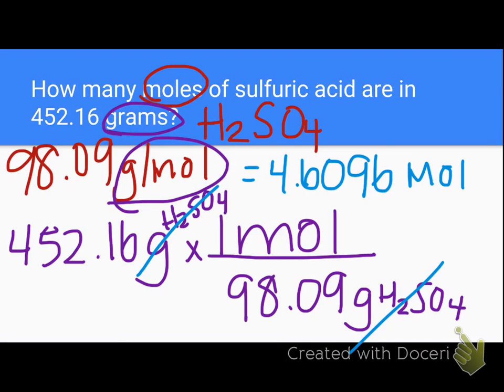You got it, sig figs. 1, 2, 3, 4, 5. 1, 2, 3, 4. Go with the least. This 9 is going to round this up to a 1, which would give me 4.61, but that's only 3. What number can I add? 0.